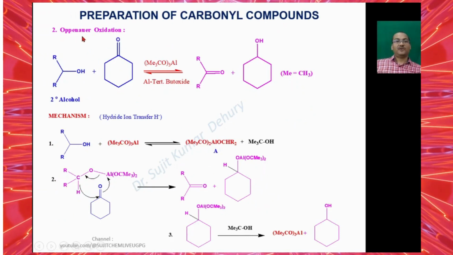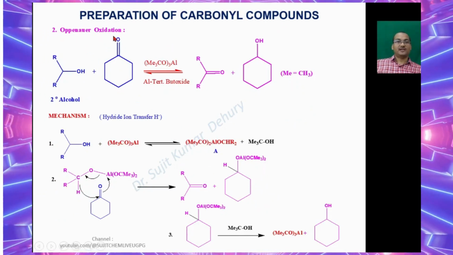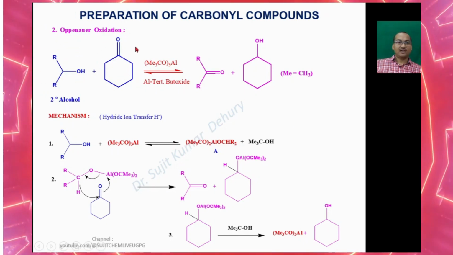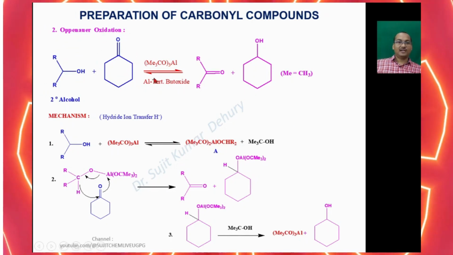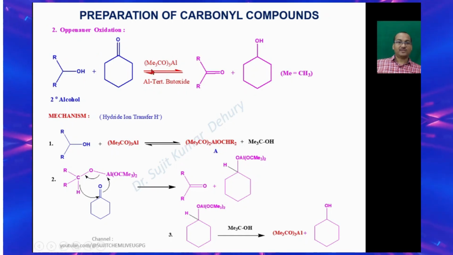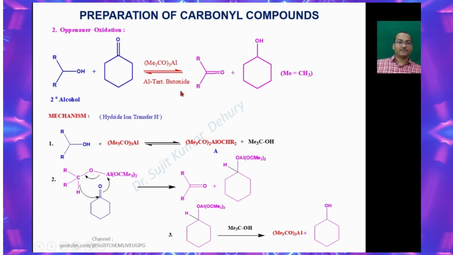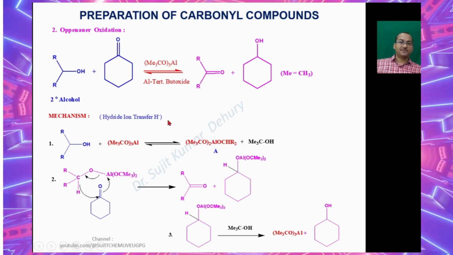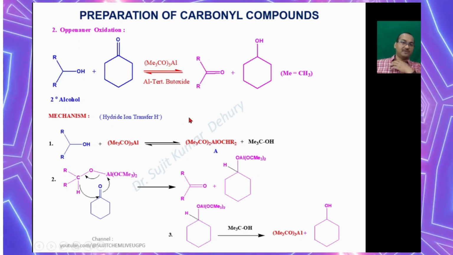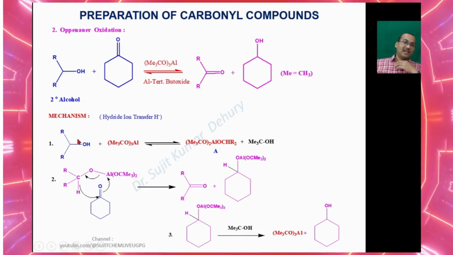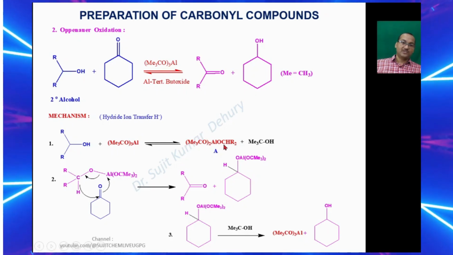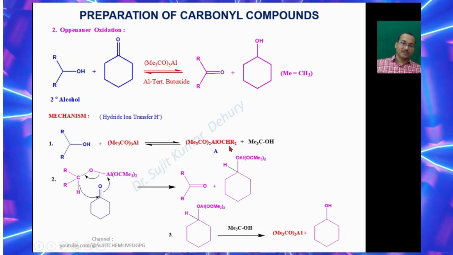Next, the method for preparation is Oppenauer oxidation. We start with a secondary alcohol and we take cyclohexanone that reacts with aluminum tertiary butoxide, giving rise to a ketone. Here the mechanism involves a hydride transfer process, hydride ion transfer. This secondary alcohol reacts with aluminum tertiary butoxide, giving rise to this oxyaluminum complex.